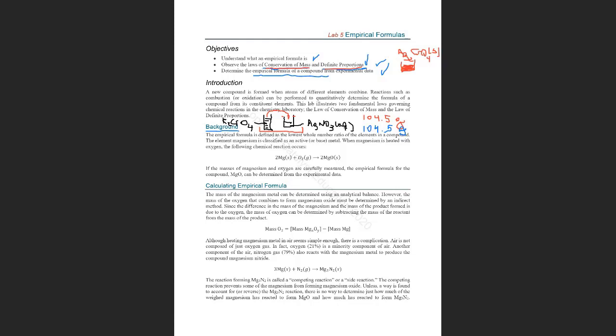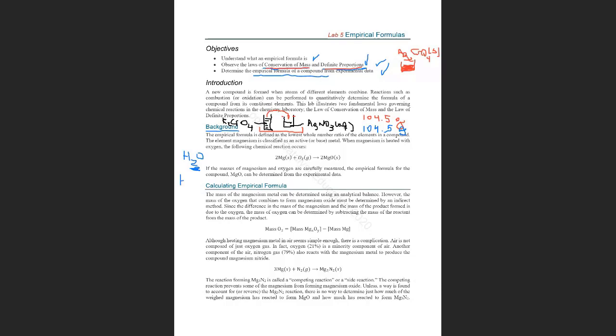It means that, let's say I have the compound H2O. You know that this compound is water. Every time you see a formula with a ratio of 2 hydrogens and 1 oxygen, the name of the compound is going to be the same, and the compound is the same. Water is always going to have a ratio of 2 to 1.